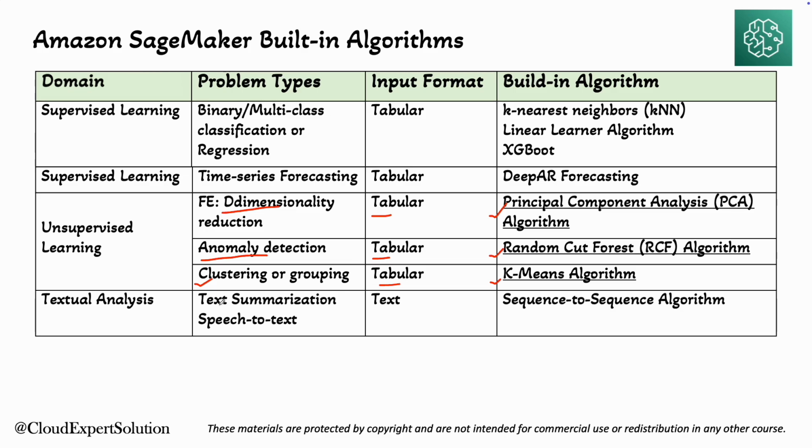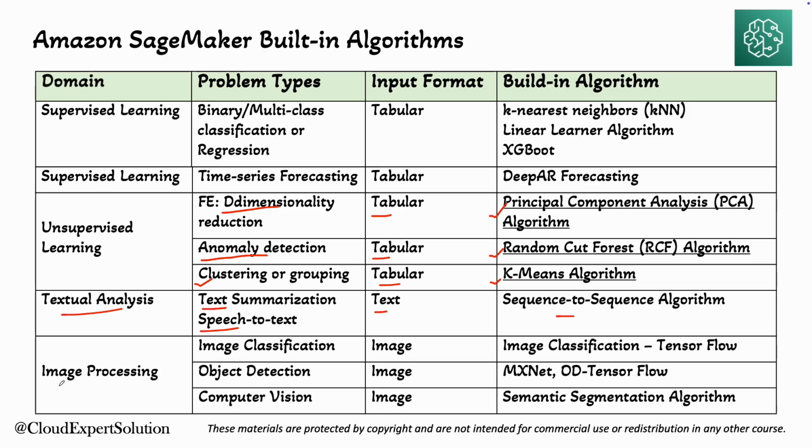Next, if your use case is textual analysis, that means if you want to perform text summarization or speech to text conversion, then the algorithm would be sequence to sequence algorithm and input format would be text for this case. If you want to perform image processing and if you want image classification, in that case you can use image classification TensorFlow and obviously the input format would be image.